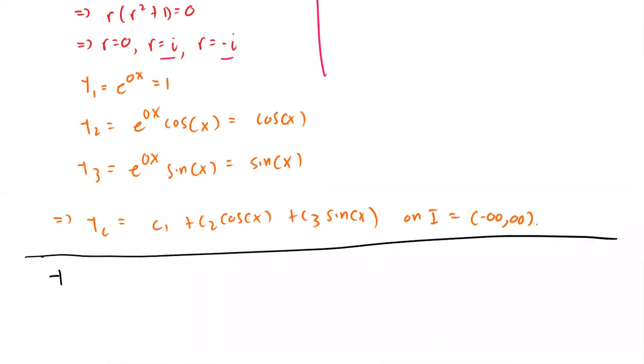So it's third order, it's going to have three terms. So we're going to have u1 y1, plus u2 y2, plus u3 y3, where the y sub i's, y1, y2, y3 are as above, and we have to determine u1, u2, and u3.